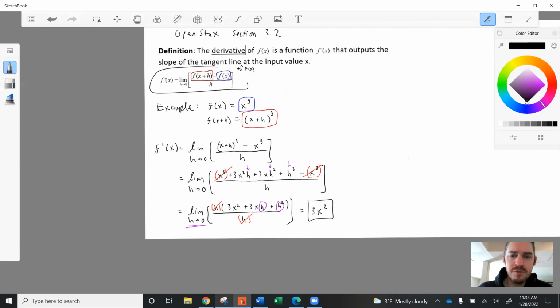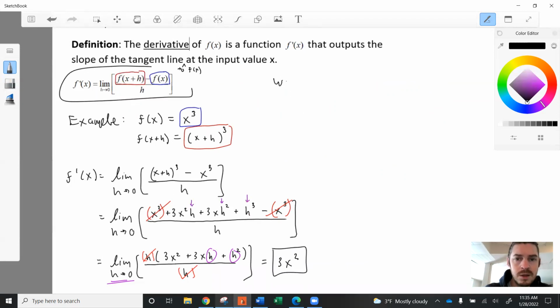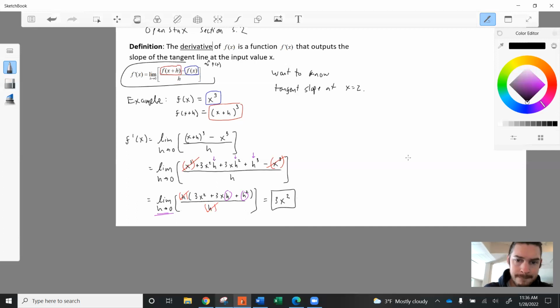And now if you want to know, say, the tangent slope at like x equals 2, for example, all you have to do is take this function, this f prime of x, and evaluate it at 2, which means replacing the x with 2. 3 times 2 squared.